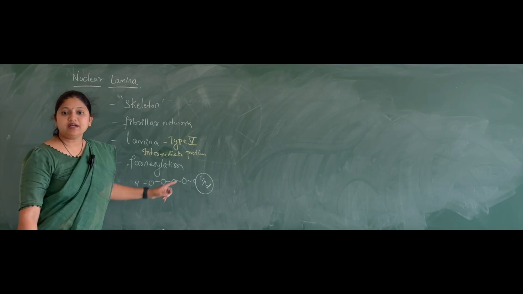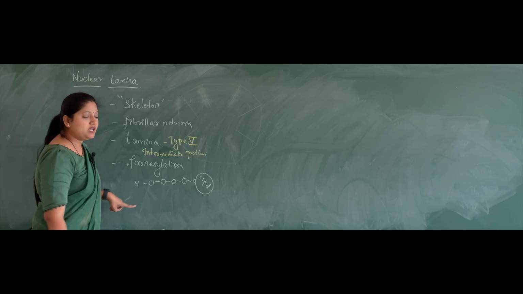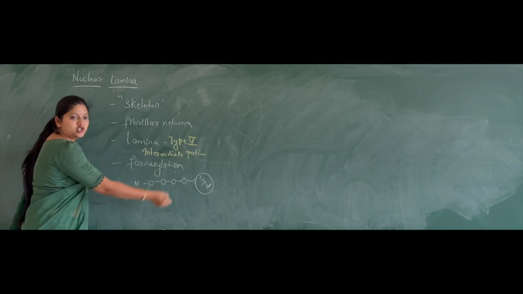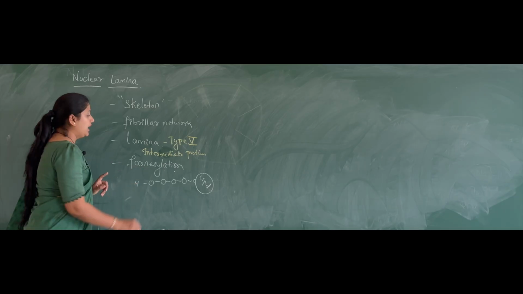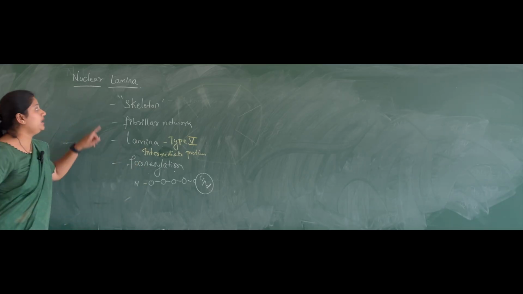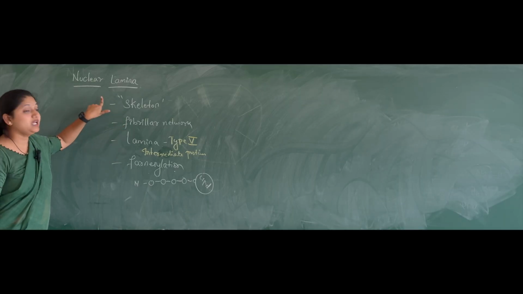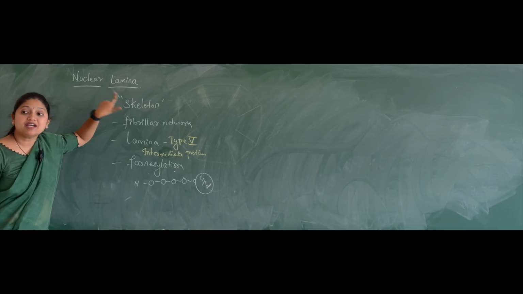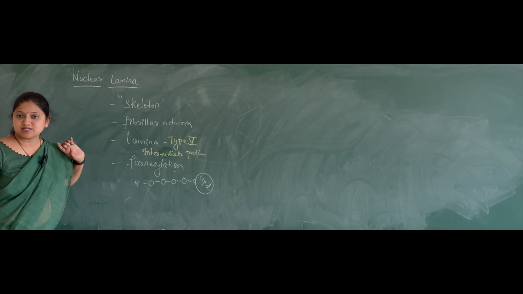If there is an addition of a lipid to the C terminal of the protein, we call it farnesylation. And this lamina protein in the nuclear lamina sheet will undergo the farnesylation process.